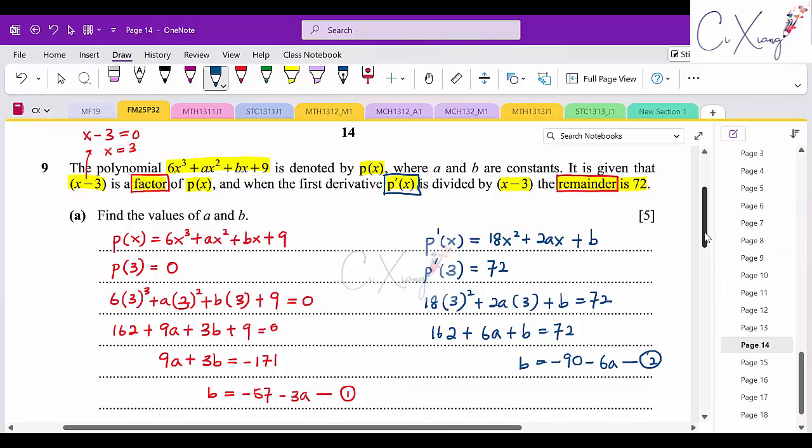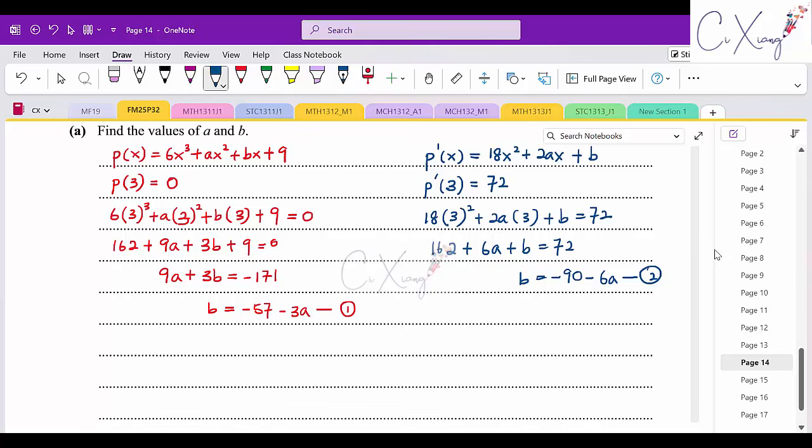I think here is quite obvious. To get the value for b and a, you need to solve the two equations here simultaneously. I let 1 equal 2, and this gives me negative 57 minus 3a equals negative 90 minus 6a. Simplify the equation, and I will get a equals negative 11.